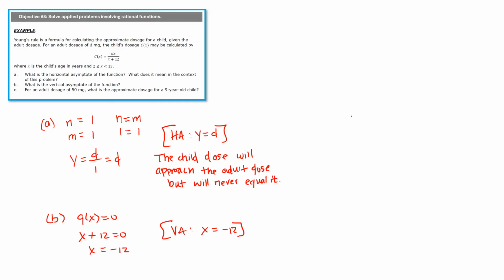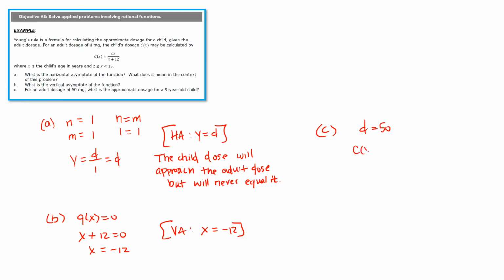And for an adult dosage of 50 milligrams, what is the approximate dosage for a 9-year-old child? An adult dose is 50 milligrams, so that means d equals 50.